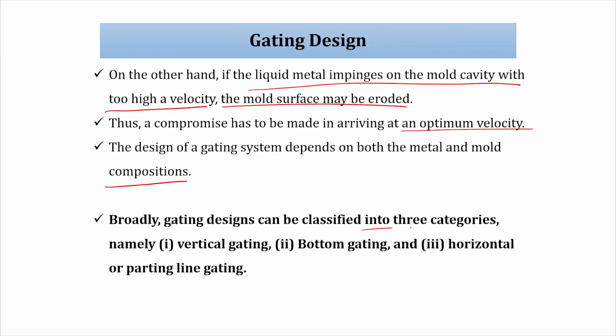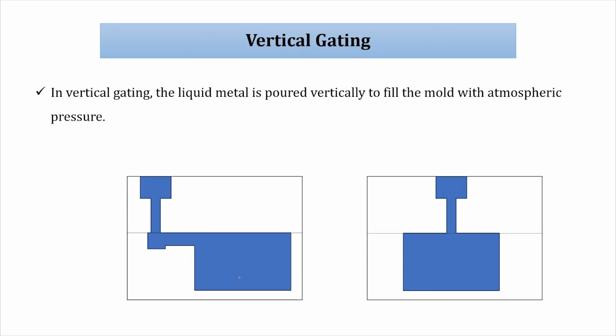Broadly, gating designs can be classified into three categories, namely vertical gating, bottom gating and horizontal or parting line gating. You will understand this first. First is vertical gating. We are going to discuss vertical gating only today. In vertical gating, liquid metal is poured vertically, we fill molten metal vertically to fill the mold at atmospheric pressure.